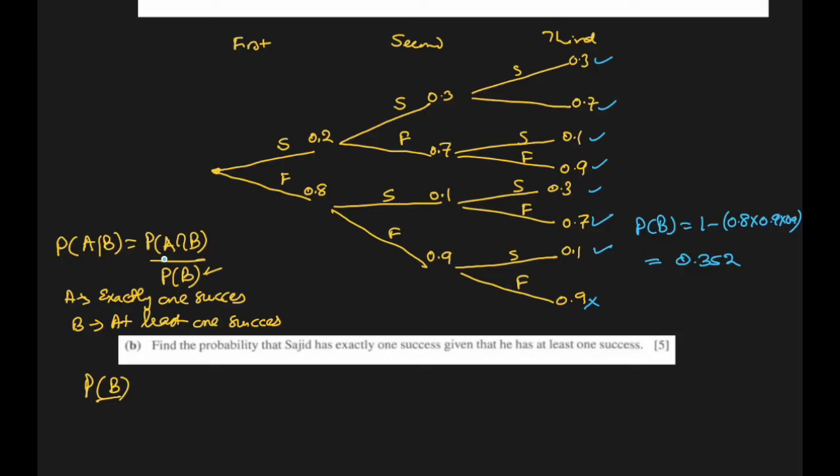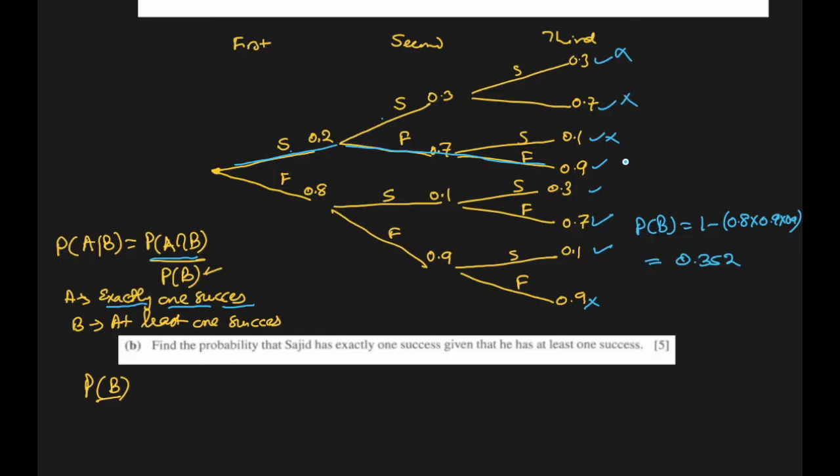Now we have to look at the intersection of A and B. Out of these 8 branches, in which branch do we have exactly one success? Success, success, success. No. Success, failure, success. No. Success, success, failure. No. Success, failure, failure. Yes, this is the one.